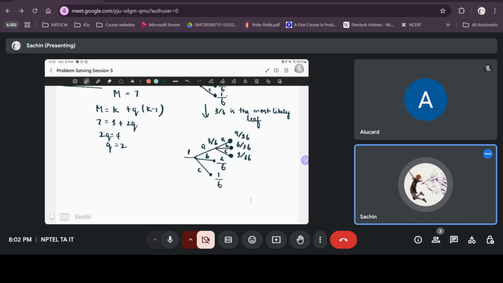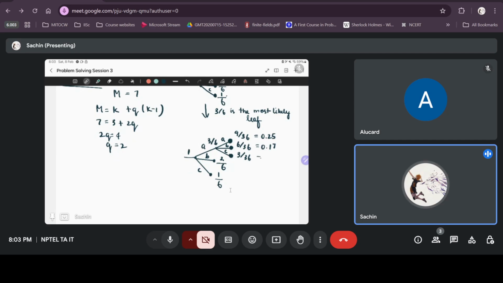For that, we have to figure out which of these is the highest probability leaf. 9 over 36 is 1 over 4, which is 0.25. 6 over 36 is 1 over 6, which is 0.1667, recurring.